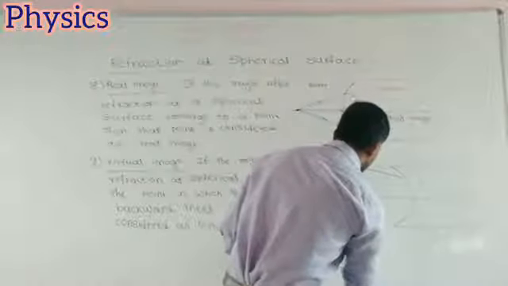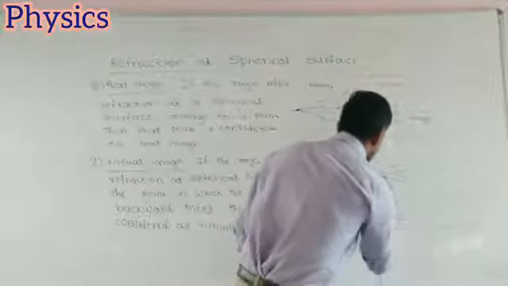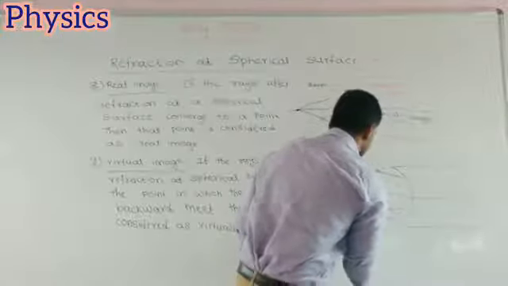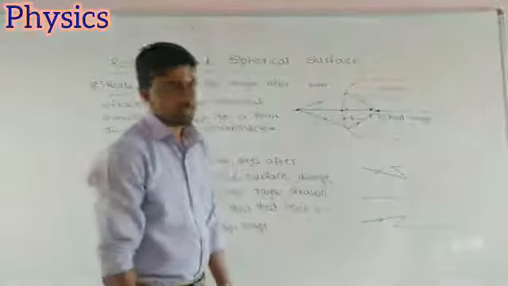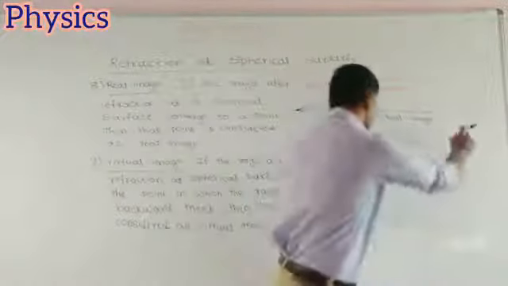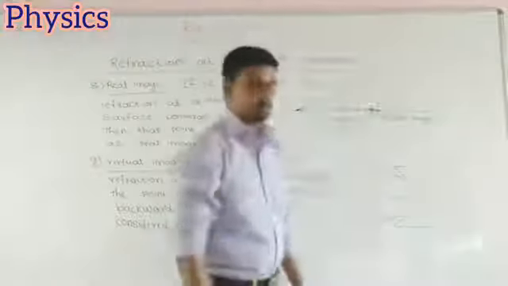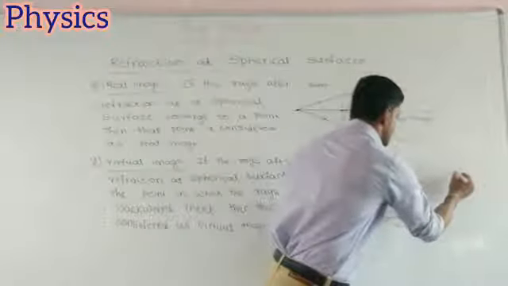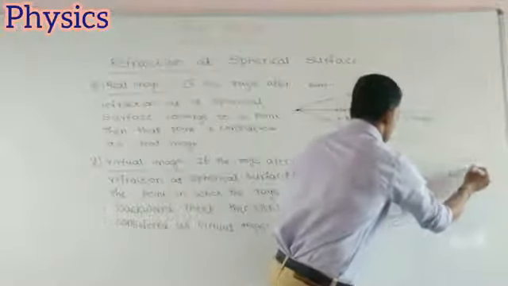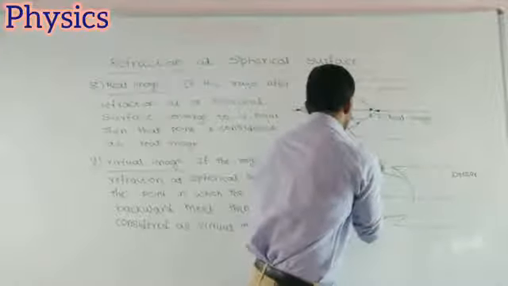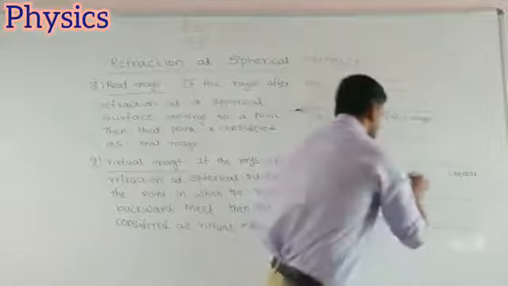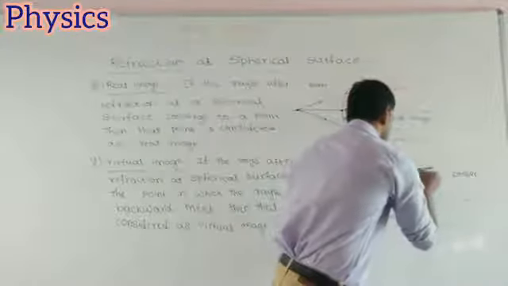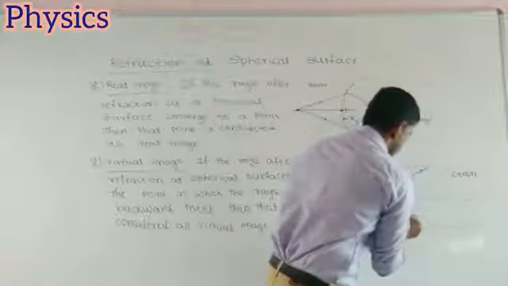These are the converging rays of light incident on the refracting surface. When they meet the refracting surface, they will undergo refraction because this is the denser medium and this one is the rarer medium. I am incident light from one medium to another medium. Then it will undergo refraction and bend like this.